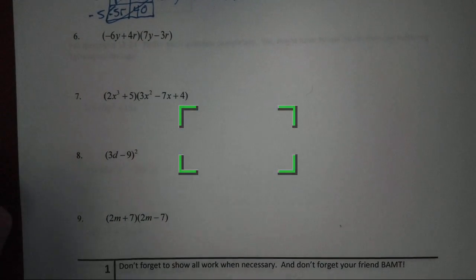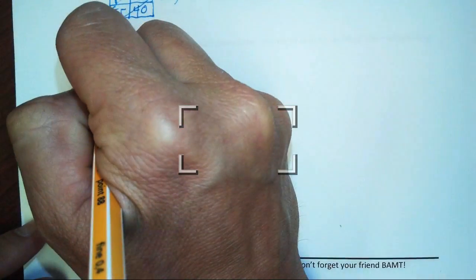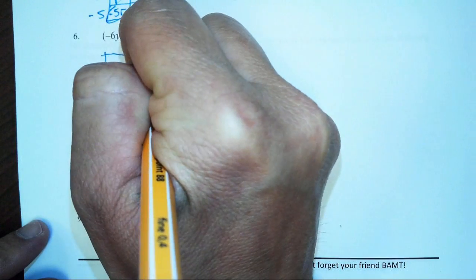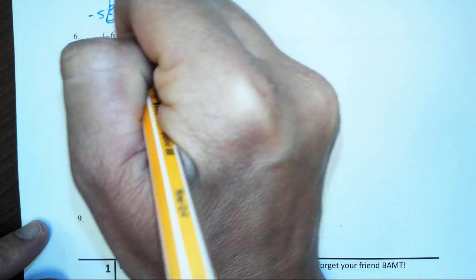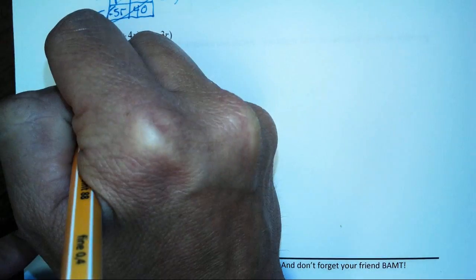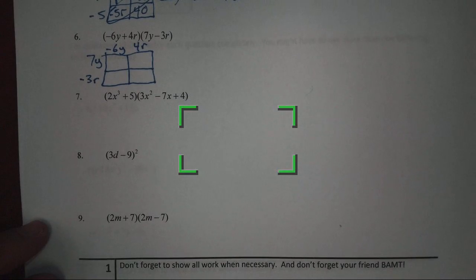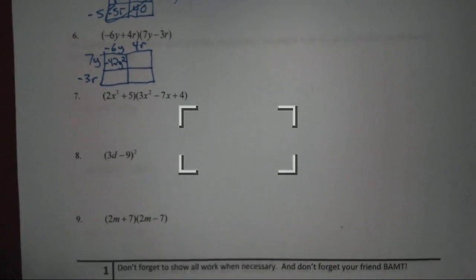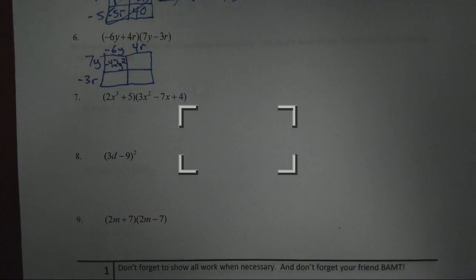Okay, so number 6, same thing. I'm going to use a box. So negative 6y for r, 7y, negative 3r. So 7y, negative 6y make a negative 42y squared.